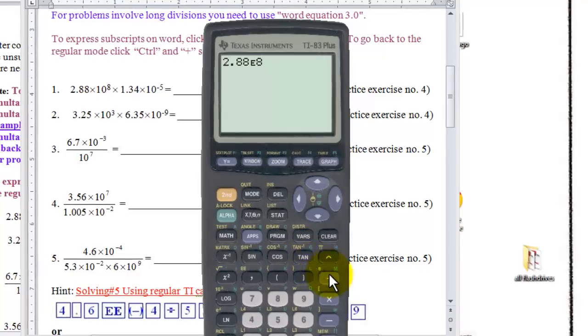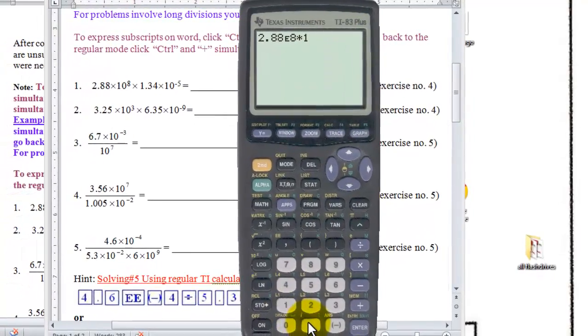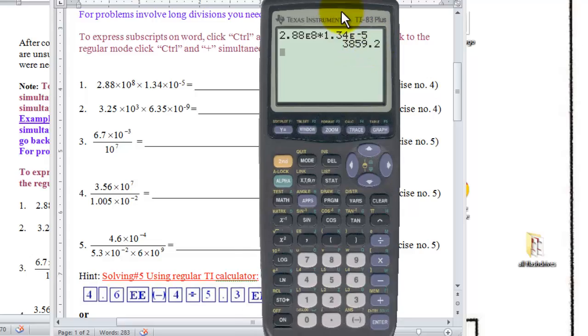So this is times 1.34 times 10 to the power, so we have to input E, negative 5. Okay, so we have here 2.88 times 10 to the power 8 times 1.34 times 10 to the negative 5. Press enter, and the answer is 3859.2. So that's for the first one.